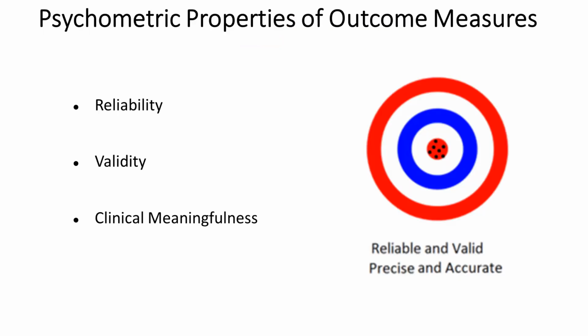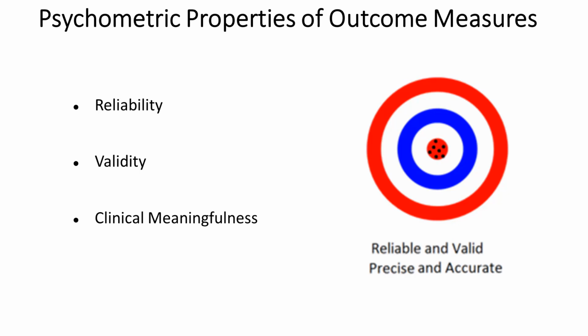For the most part, the rest of this presentation is going to be dealing with various psychometric properties of outcome measures. The three that we're going to look at specifically are reliability, validity, and clinical meaningfulness. Sometimes people have difficulty trying to understand the difference between reliability and validity.